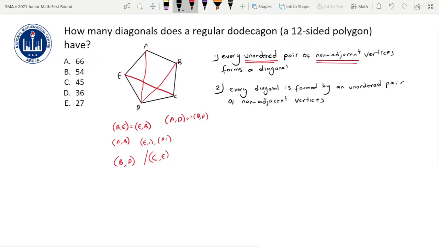Okay, to demonstrate this, I'm going to draw a second pentagon. So I'll draw that down here. And as before, I'll label the vertices A, B, C, D, and E.